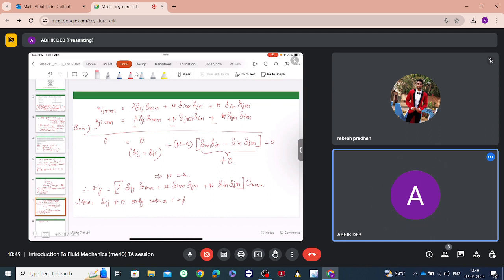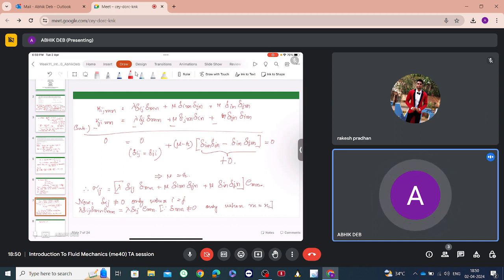So lambda delta ij delta mn emn is equal to lambda into delta ij into emm, since delta mn is not equal to 0 only when m is equal to n.